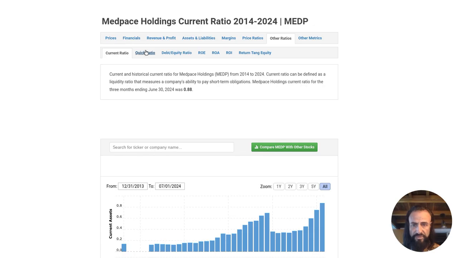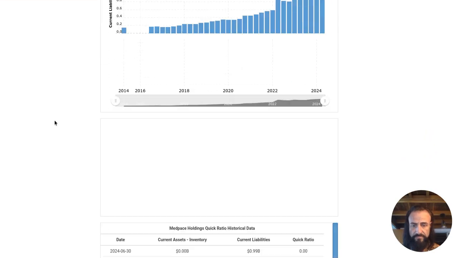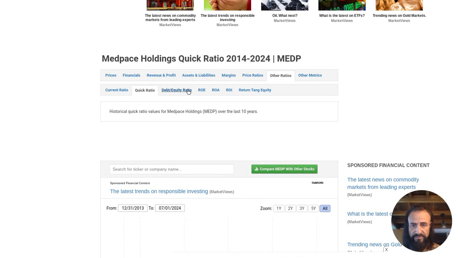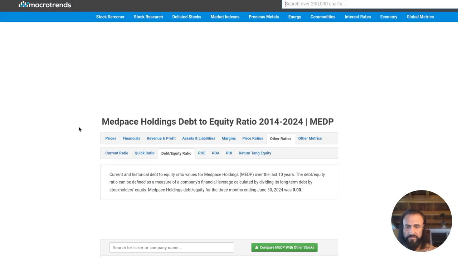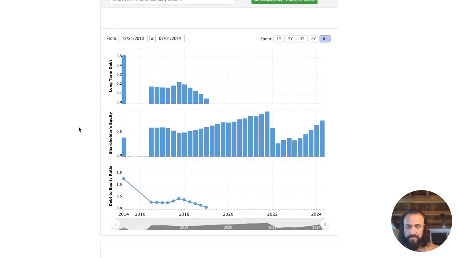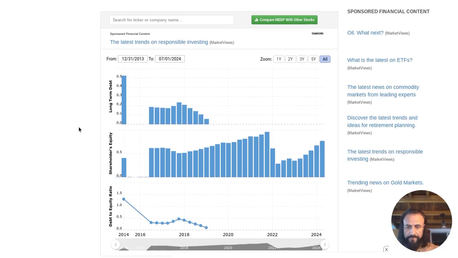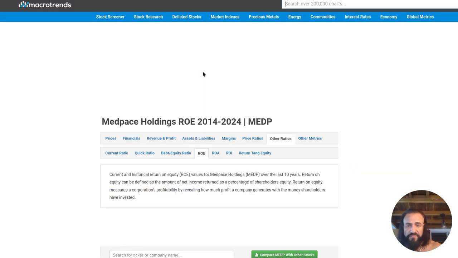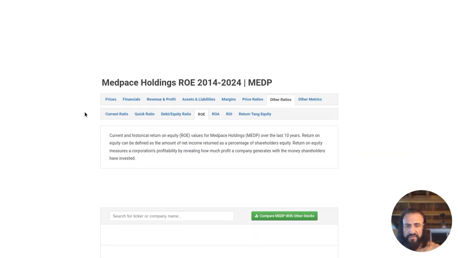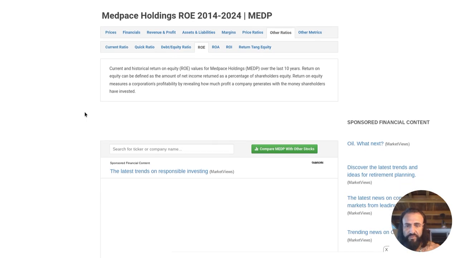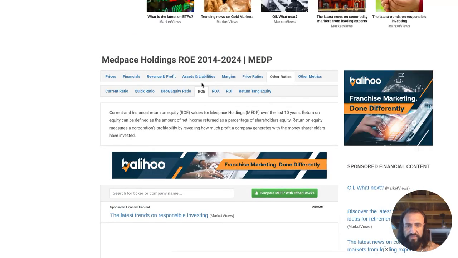The quick ratio, debt to equity ratio. This company doesn't have any debt. I think it's a good thing. If a company can make 15% profit without having any debt, it's a pretty good sign.